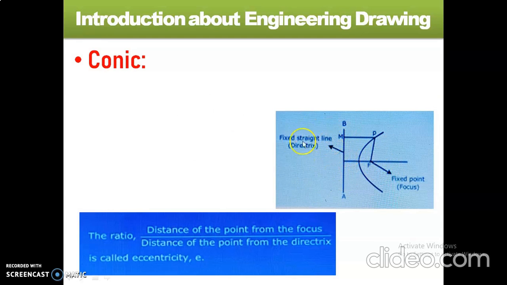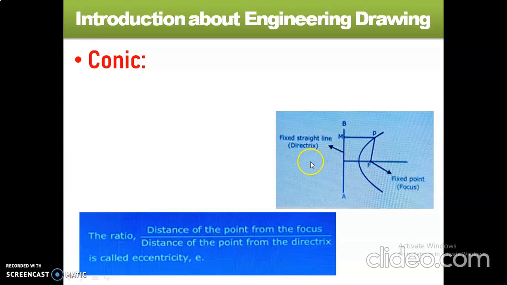Once again listen, what is the definition of the conic? A conic is the locus of a point moving in a plane such that the ratio of the distance from the fixed point to the fixed straight line is always constant.